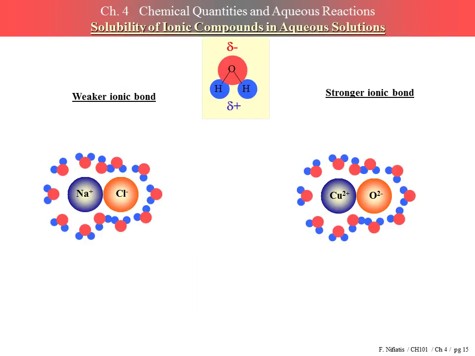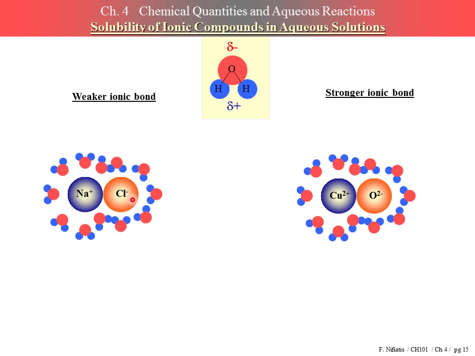So, we take the ionic compounds and we put them in water. Let's see what is going to happen. I will focus first on the case of the sodium chloride. Because the sodium is positively charged, the oxygen that has the partial negative charge is going to interact with the positively charged sodium, and the hydrogens will be farther away.